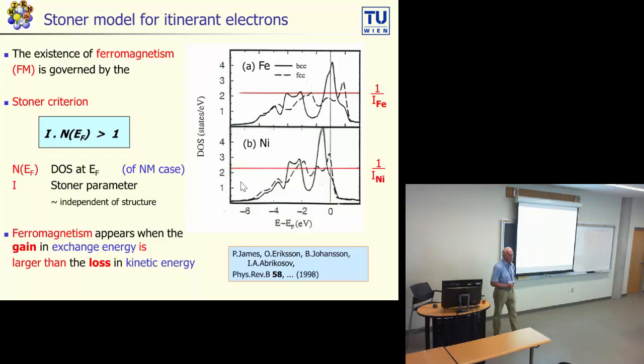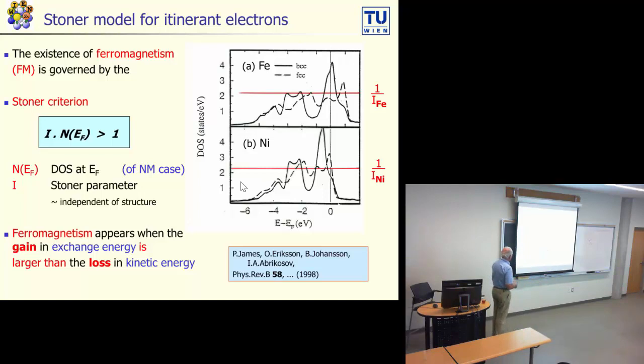That means FCC iron is non-magnetic. So the Stoner criterion from a non-magnetic calculation allows you to predict whether a system wants to be magnetic or non-magnetic. There are exceptions to this, so this is a rule. There can also be cases where the energy goes up at first, but later on you have a situation, something like this.